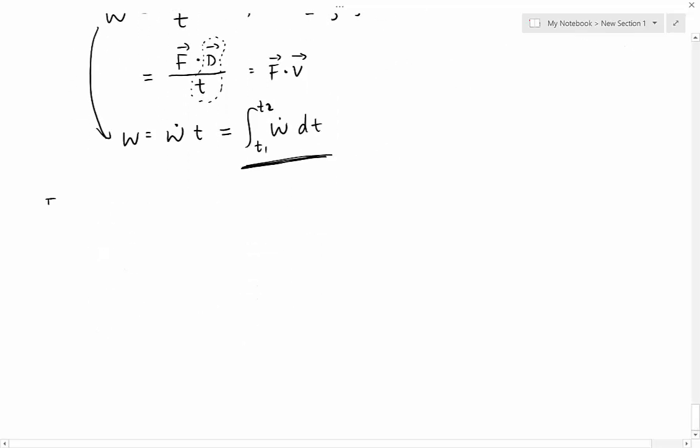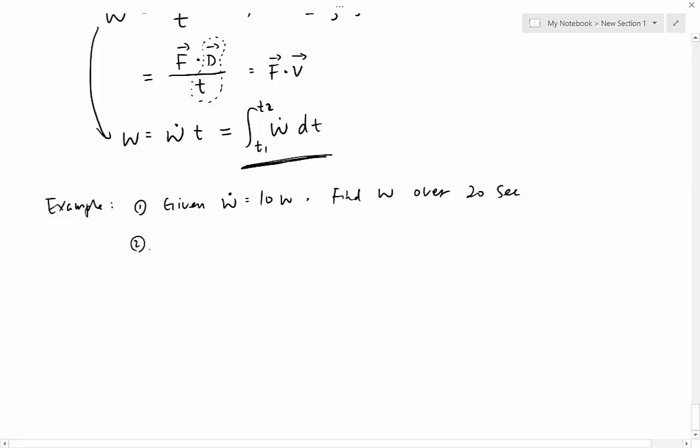Okay, so let's do one example quickly. Case number 1, W dot is given, power is given, is 10 watts, it's constant. We want you to find the work W over 20 seconds.